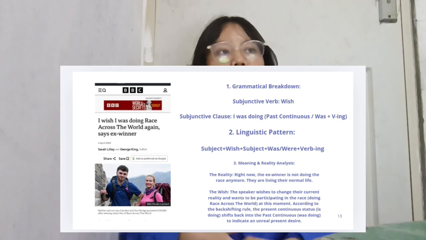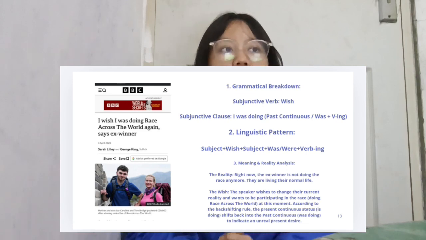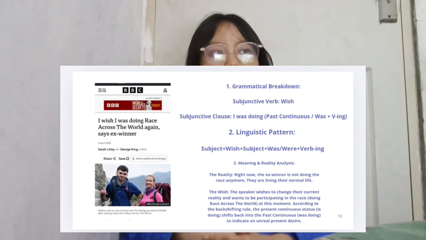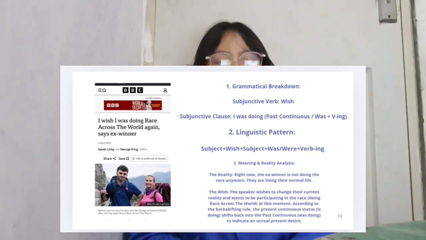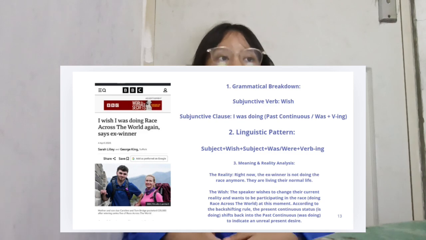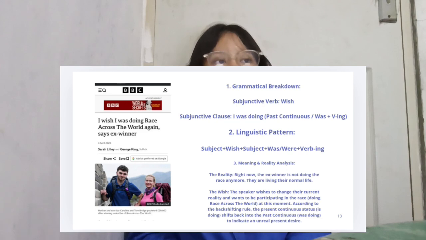Example 2. Grammatical breakdown. Subjunctive verb: wish. Subjunctive clause: I was doing, past continuous, was plus verb-ing. Linguistic pattern: subject plus wish plus subject plus was or were plus verb-ing. Meaning and reality analysis. The reality: right now, the speaker is not doing the activity anymore.